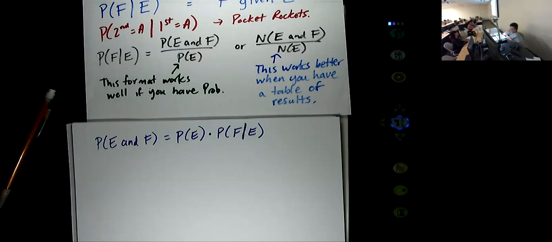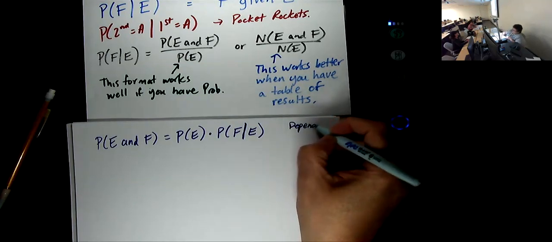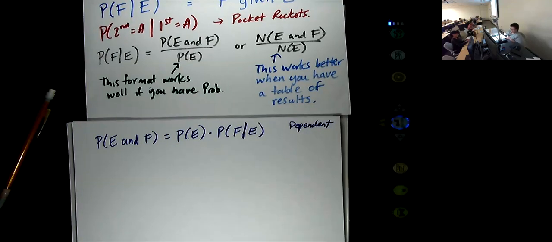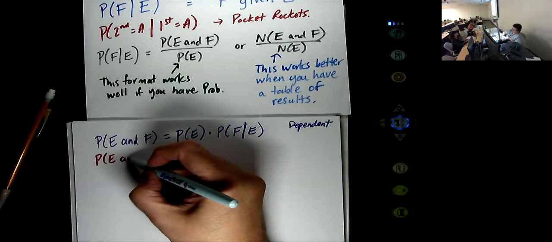In fact, I'm going to rewrite the old one. So this is for dependent events. Look at this nice crisp blue pen, smaller fine tip point. For independent events, we had this.